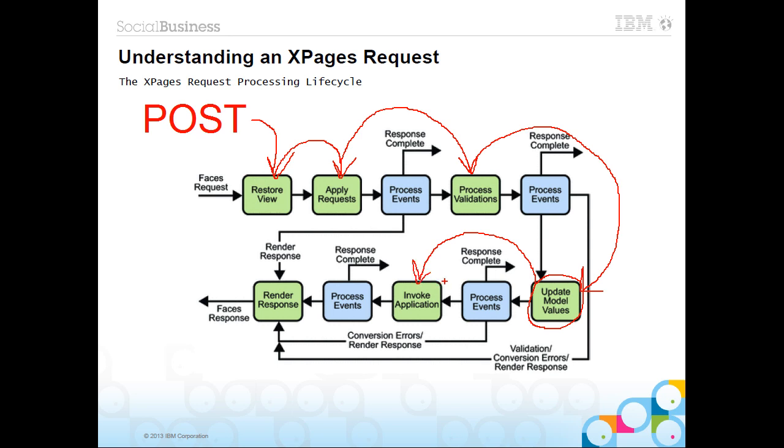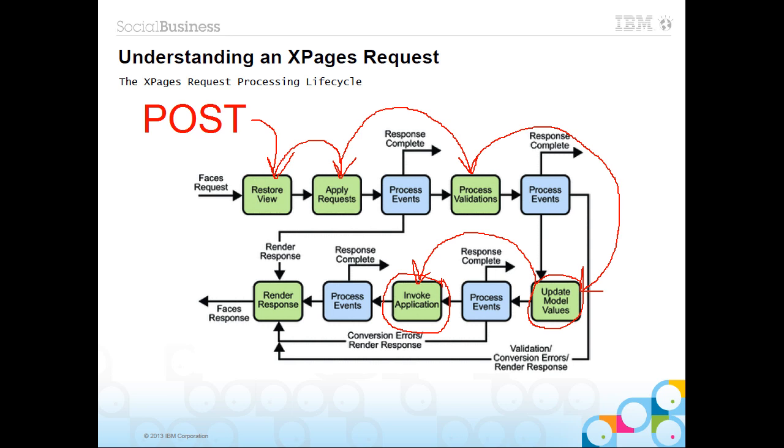So the invoke application phase is about invoking event handlers and any custom business logic that may be associated with the incoming request. So within the invoke application phase, in our particular case, we have the save button. That save button has a save document simple action. So the save document simple action is now asked to invoke itself.